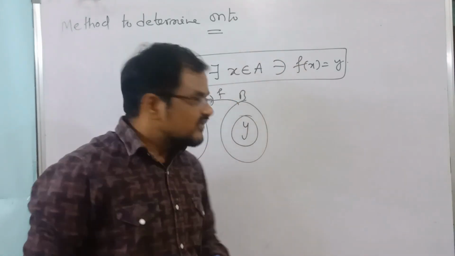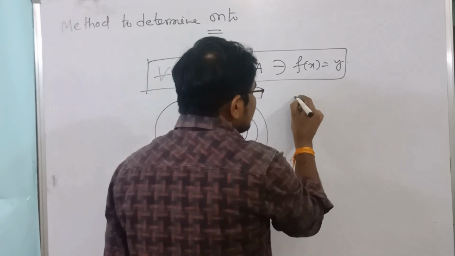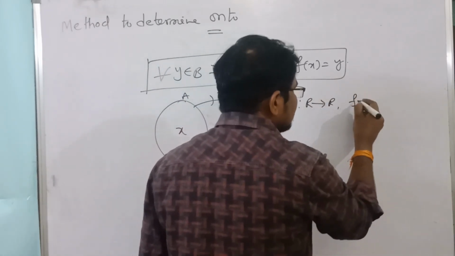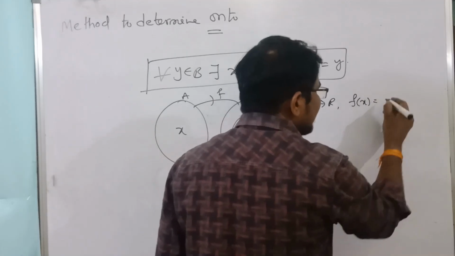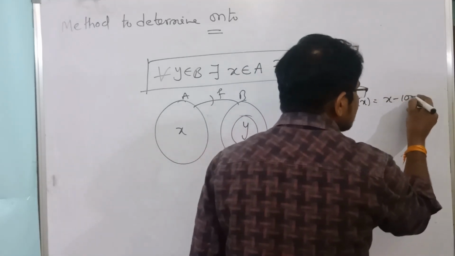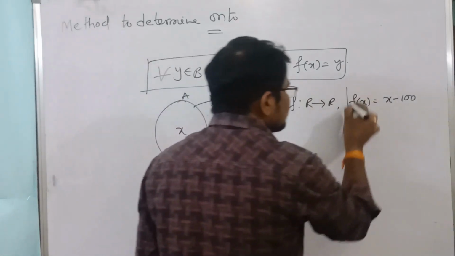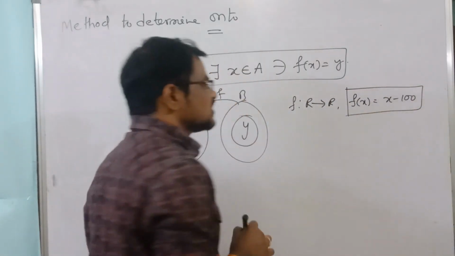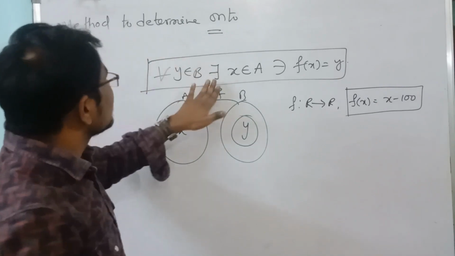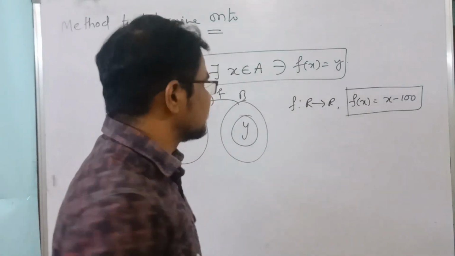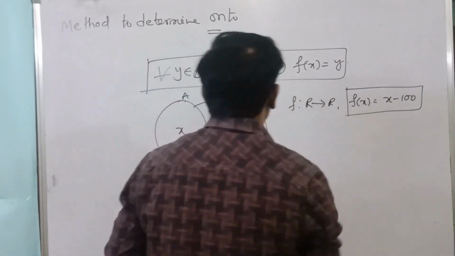If it is not satisfying this condition, that function is called into function. For example, take f mapping from real numbers to real numbers, defined as f of x equals x minus 100, right? Now we have to identify whether it is onto or into. So what is our condition?